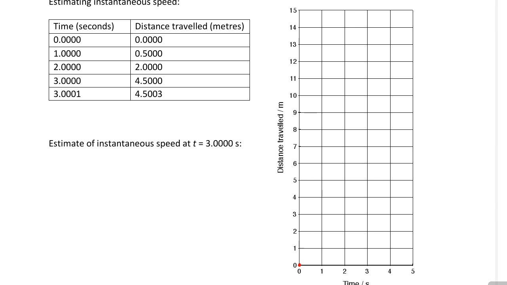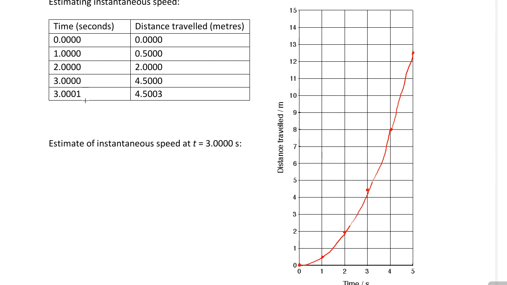Okay, so same data as in the previous example. I'm playing fetch with my dog, and we've got the same graph. And here I've got the same table of values, except notice that I've zoomed in on the time around 3 seconds, because I'm going to try and figure out the instantaneous speed at exactly 3 seconds. Now, I've got a stopwatch that's more precise than I had before.